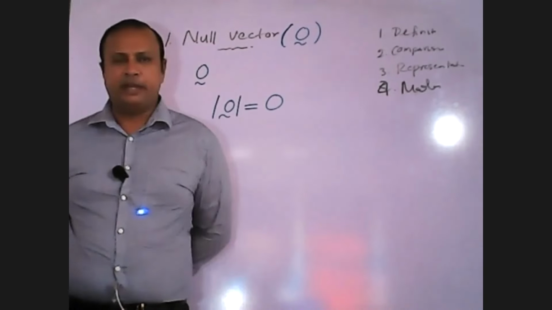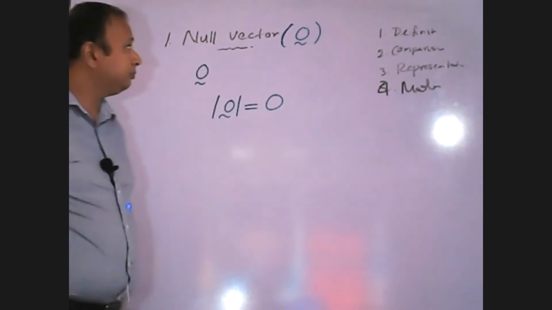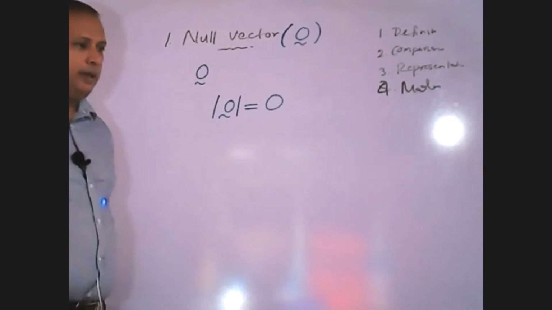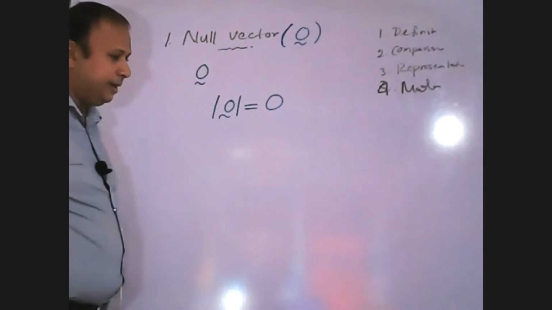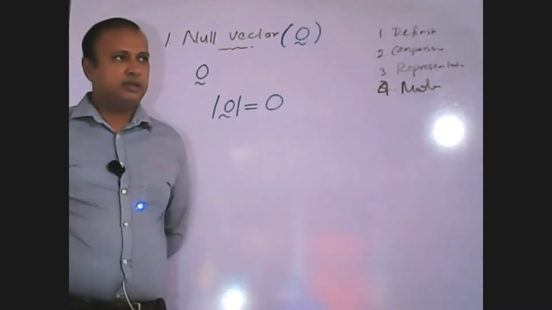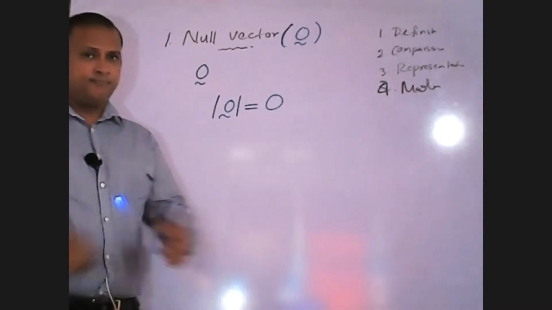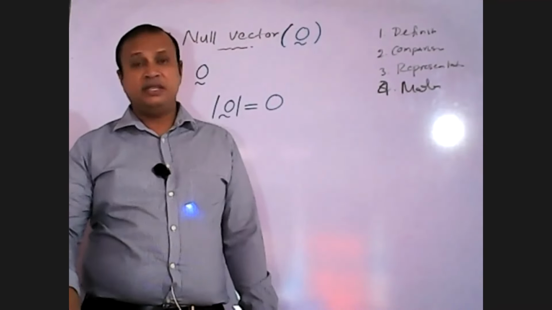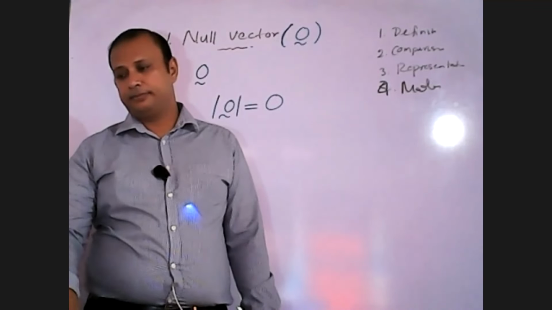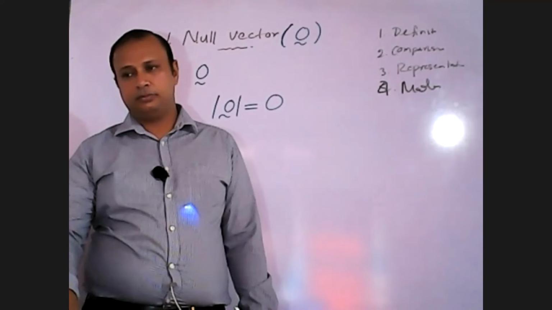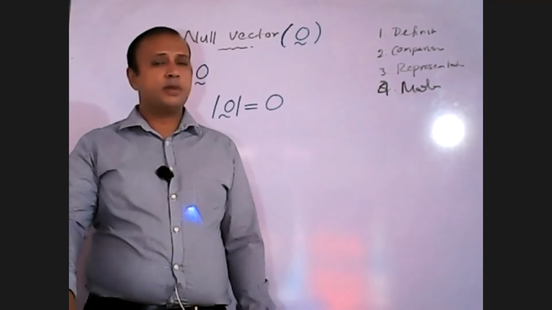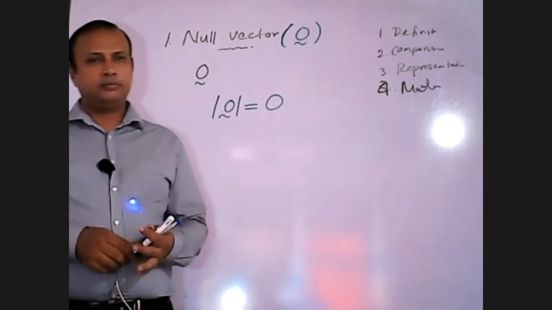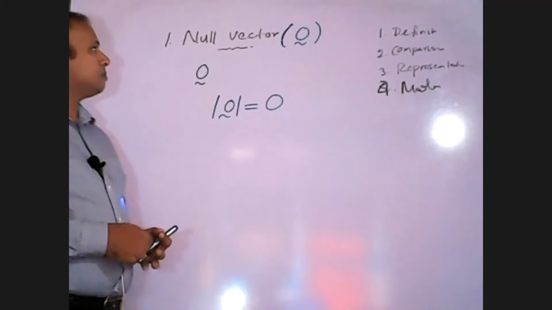Right under that topic, if the magnitude of any vector is zero, it is called a null vector.